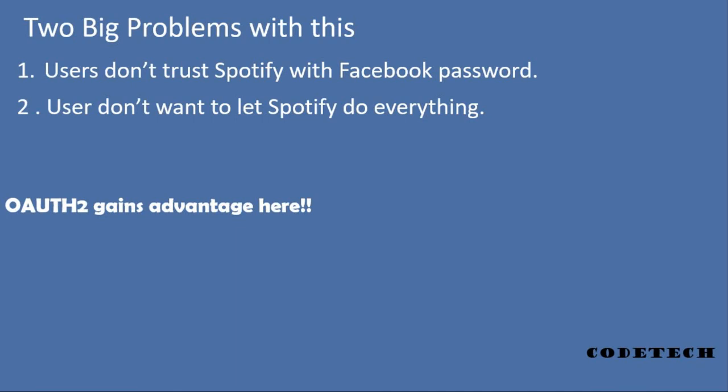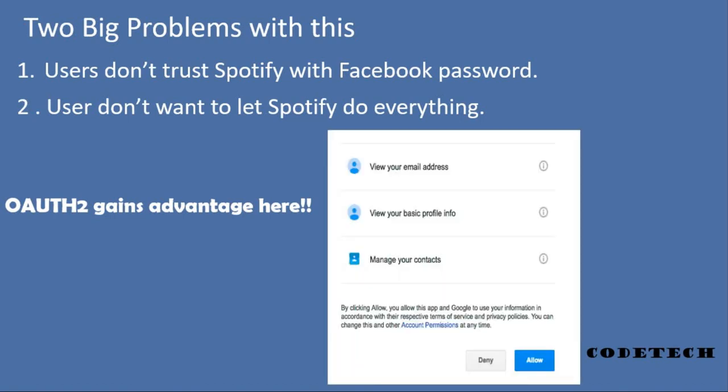Once the user is redirected to the Facebook page and he enters the username and password there, the next page that he is redirected to is something like this, where the Spotify app is asking for the user's consent to get these details from Facebook. That is the email address, basic profile info, or contacts.